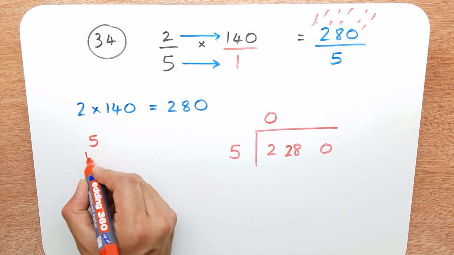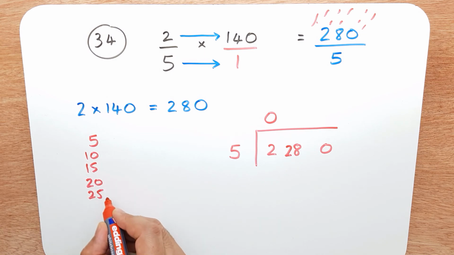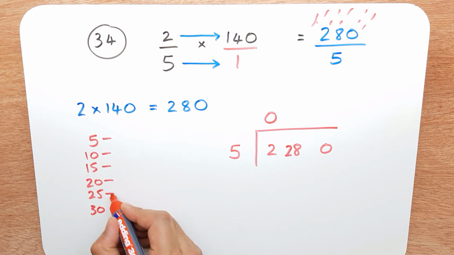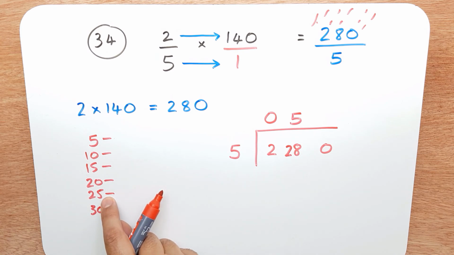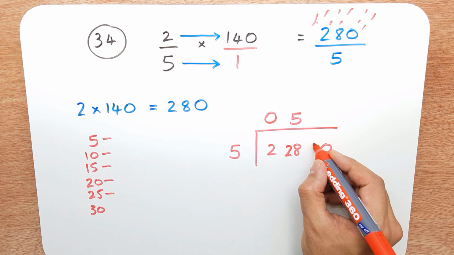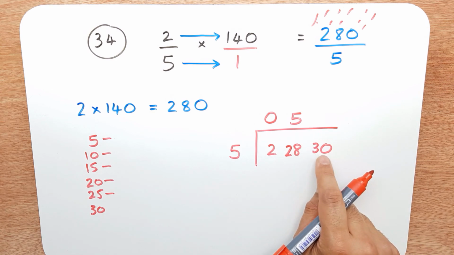How many 5s are there in 28? 5, 10, 15, 20, 25, 30. That would be too much. So it's 1, 2, 3, 4, 5. 5 will give me 25. I need to count to 28, so the remainder is 3. So the 3 goes over, and that 3 turns the 0 into 30.